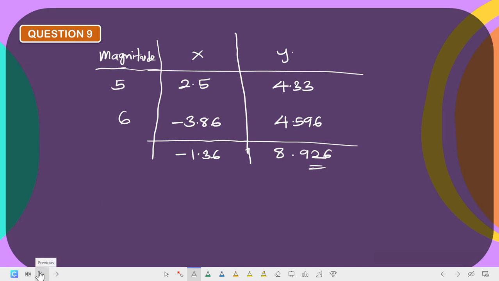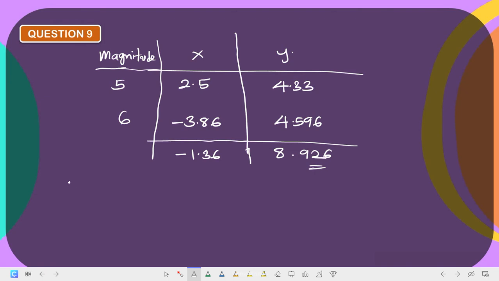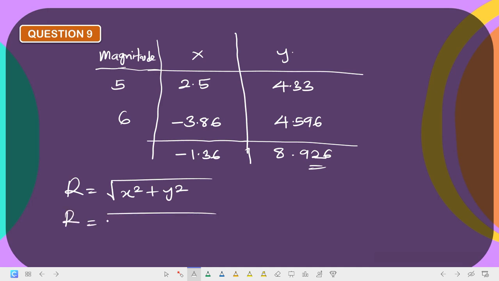Now, have we gotten this? How do we get our resultant, which is the sum? Now, the sum, which is the resultant R, is usually the square root of what you have on the x-axis plus what you have on the y-axis, all squared. So our R in this case will be equal to the square root of what you have in the x-axis altogether, minus 1.36 squared, plus what you have on the y-axis, 8.926.